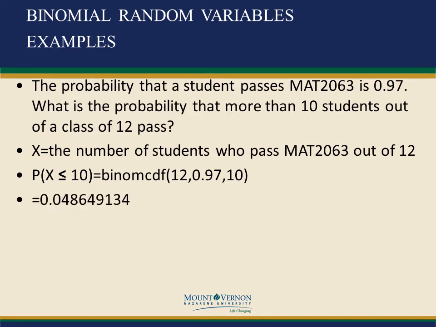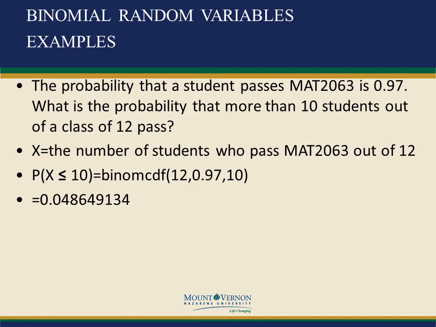And the calculator gives me the value of that probability as 0.0486 and so on. Now remember that this is the probability of x being less than or equal to 10. That's what the binom CDF, or the cumulative distribution function, is defined as. We want to know the probability that x is greater than 10.